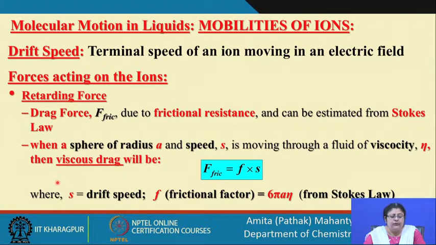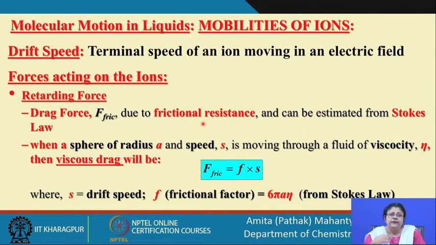Now, what is another type of force which is existing, which we just now said is a retarding force, which is going to drag the molecules or ions in the solution medium in the opposite direction to the way they are accelerating. So, the retarding force which is acting is the drag force, the frictional force due to the friction existing in the solution medium.